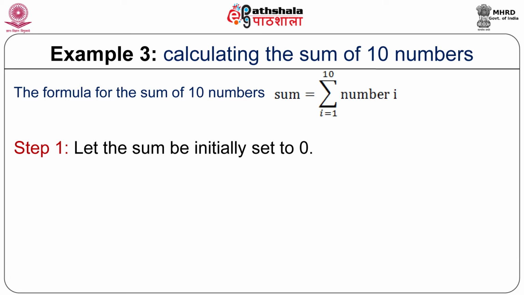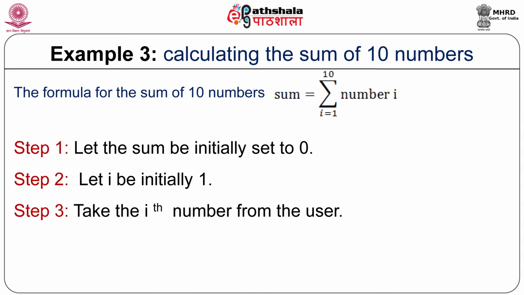So step 1 will be, let sum be initially set to 0. Let i be initially set to 1 and take the ith number from the user. So here you need to consider a counter which will go from 1 to 10, and you need to increment that counter by 1 for every step.